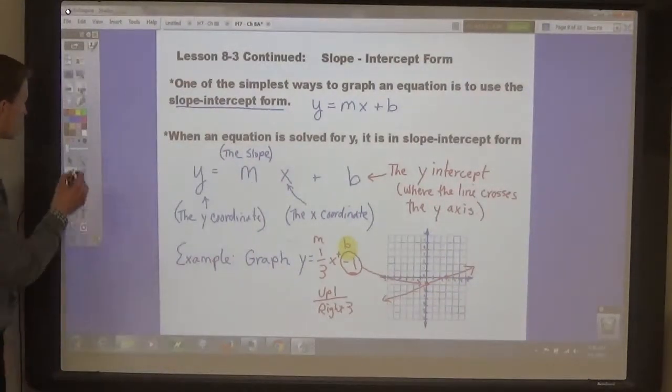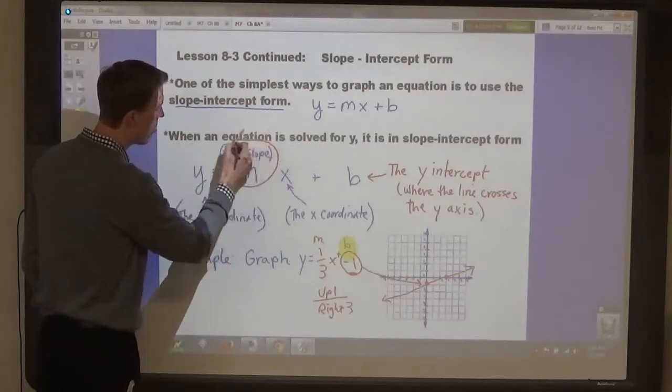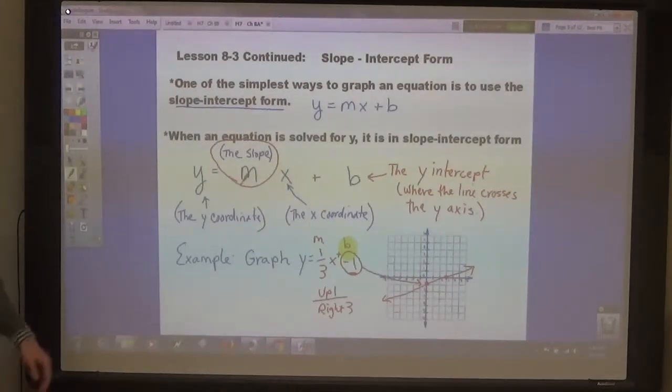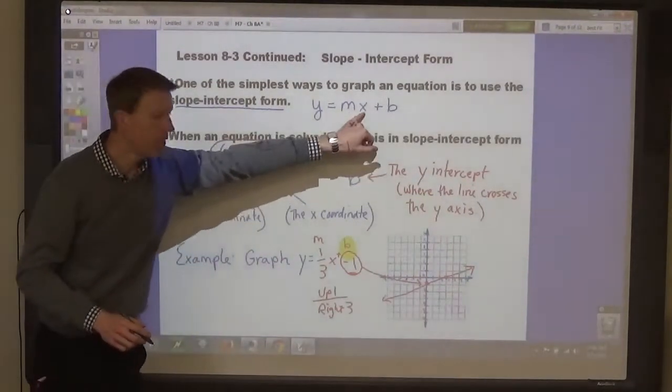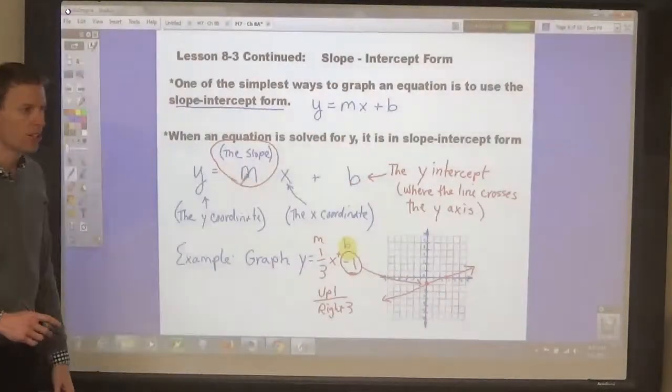The m in this equation stands for the slope. Whatever m is in the equation, whatever the coefficient of x is, the number that's in front of the x, is going to be the slope of the line.